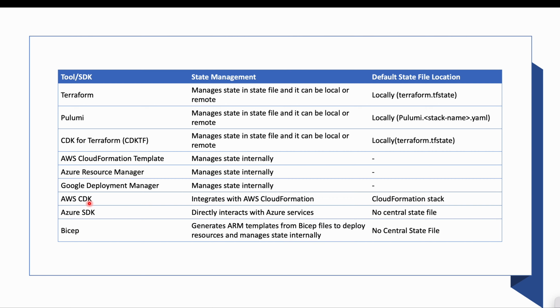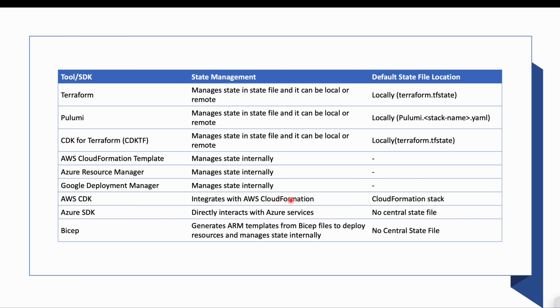And AWS CDK, even though you are writing code in Python or TypeScript, whatever it is, it will create the resources using a CloudFormation template in the backend. So as it integrates with CloudFormation, the state files are managed by the cloud platform.